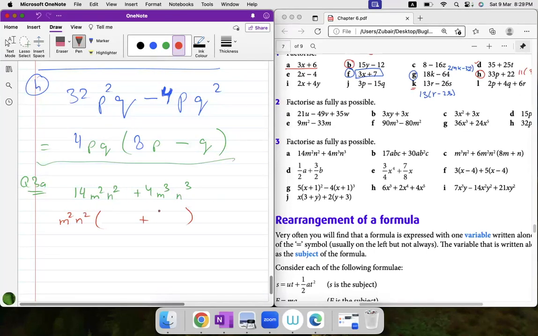Inside the brackets would be just nothing on the first one, and the second one would be m and n again, and then 14 and 4 could be 7 and 2. It could be 2 and a 7 plus 2mn. That's right.